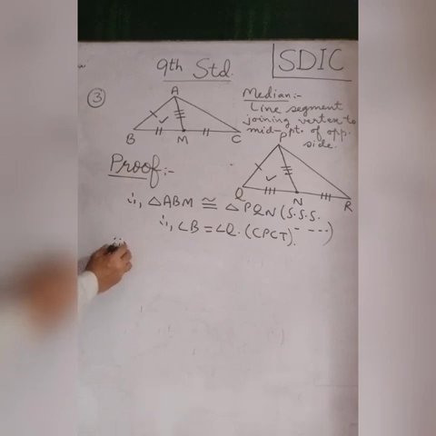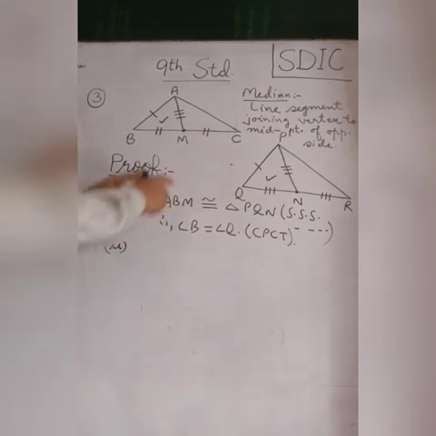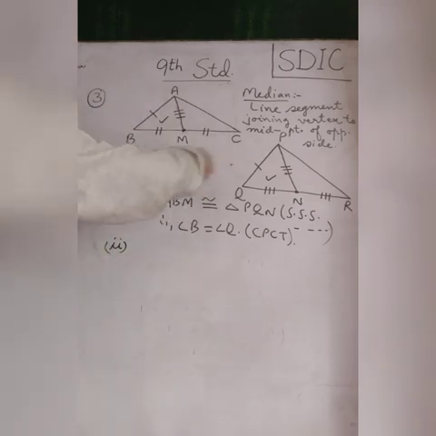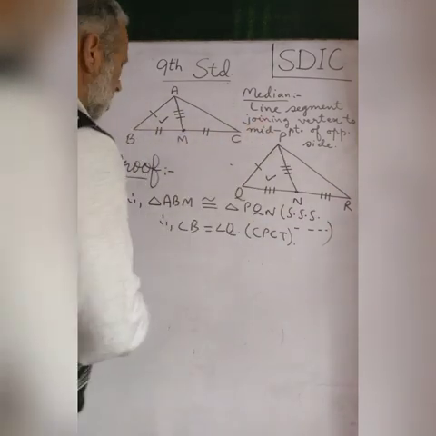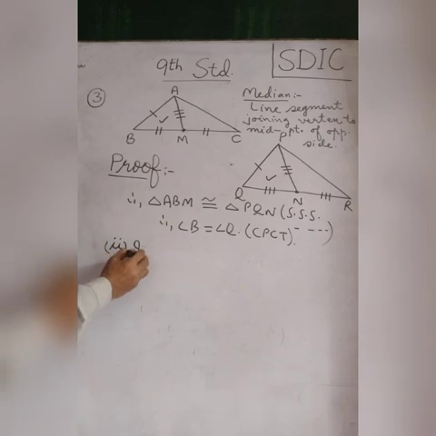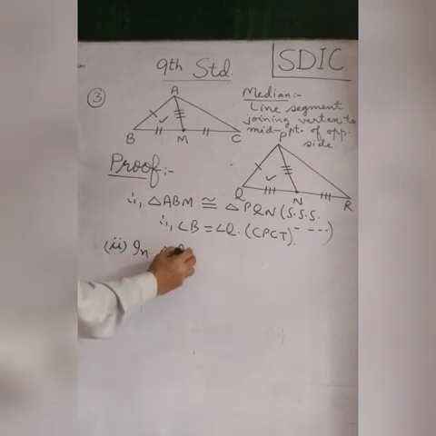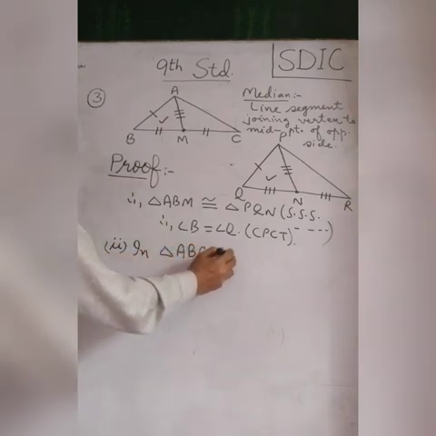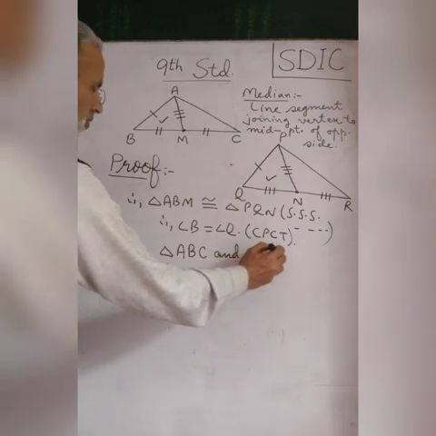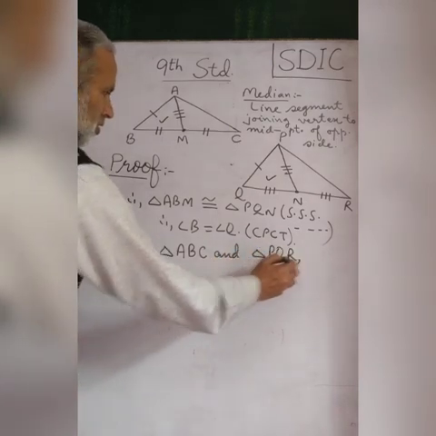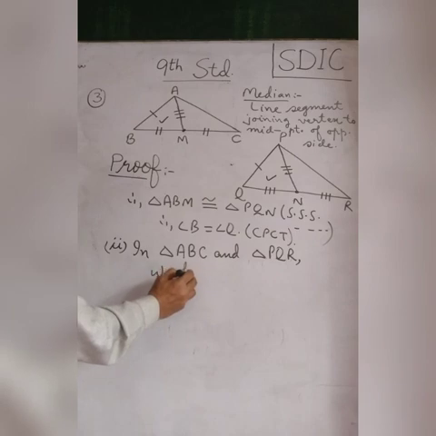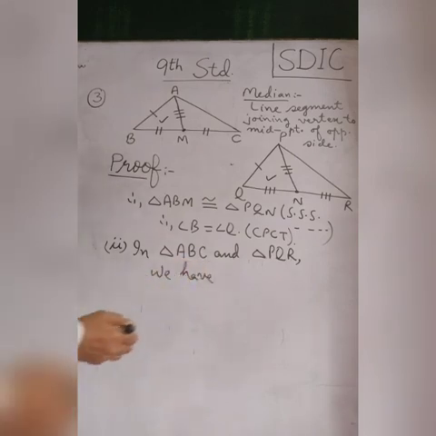We have to prove congruency again, but this time congruency of the original triangles, whole triangle ABC, whole triangle PQR. Now you have to prove congruent. Consider these. I will roughly draw these two triangles here.